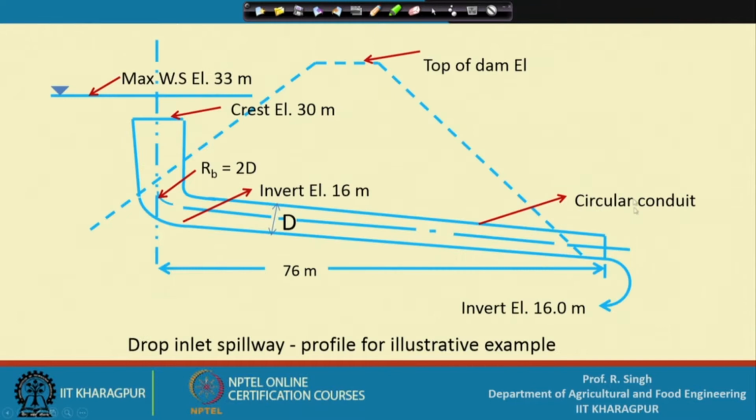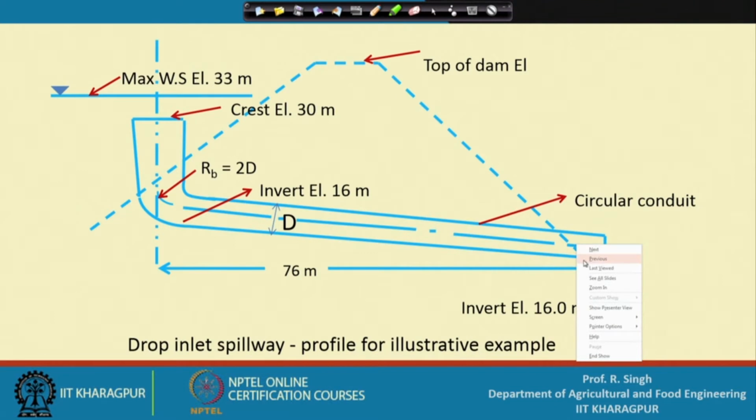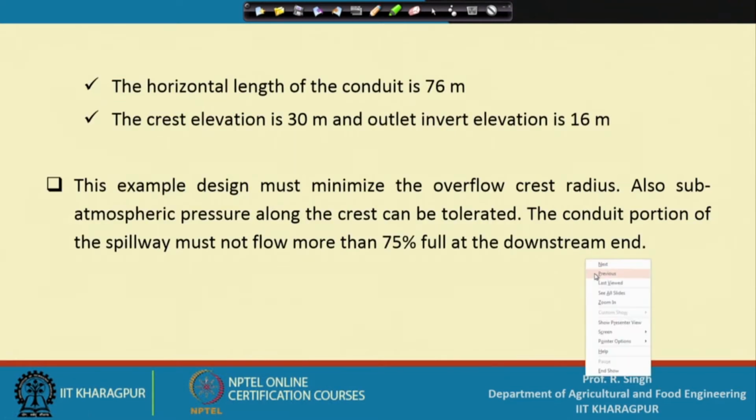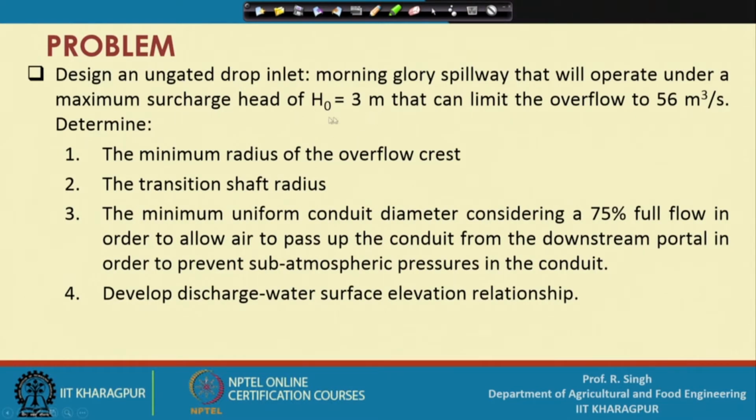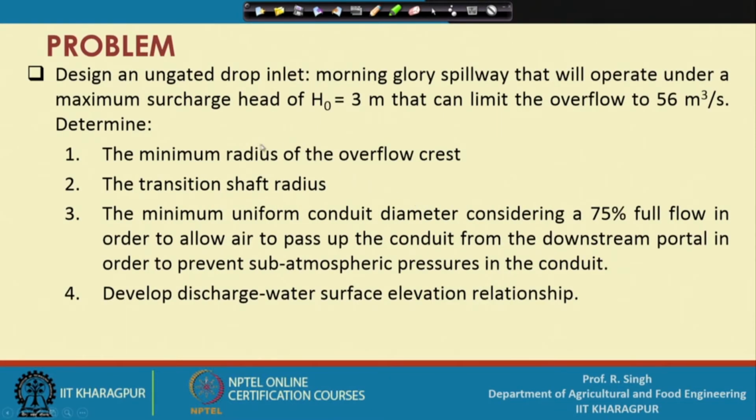So, now this is the basic diagram. Here the maximum elevation, since H0 is assumed as 3 meter, it says the H0, the surcharge head, is 3 meter and the 30 meter is the total head height.